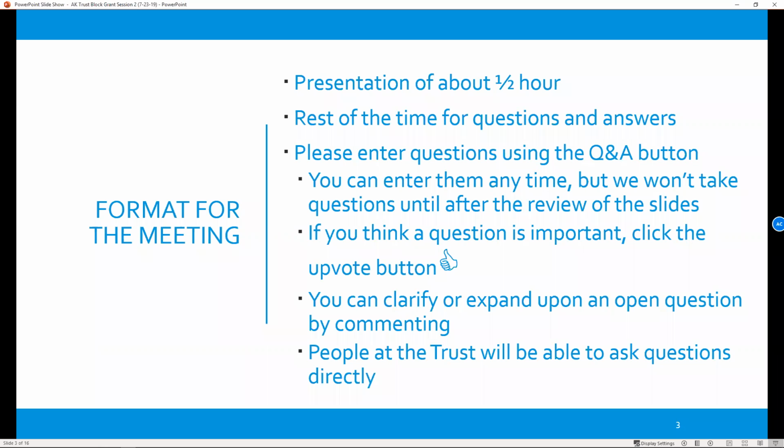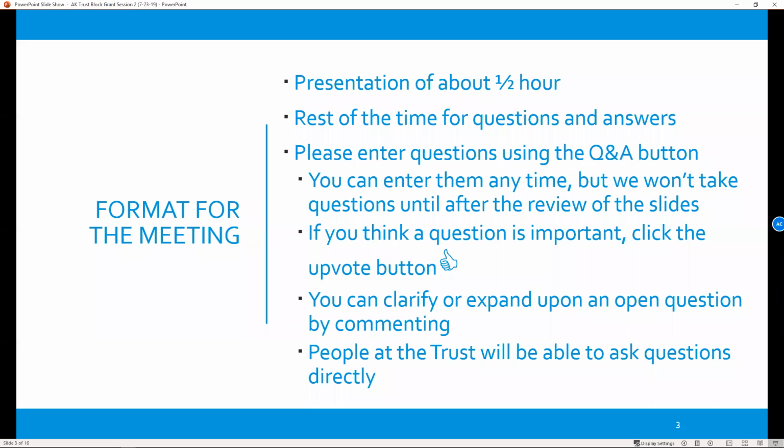We ask that if you have a question, you scan through to see if that question has already been asked. If it has, or if you think another question is important, you can click the upvote button, the thumbs up symbol that shows up fairly subtly at the bottom left-hand side.